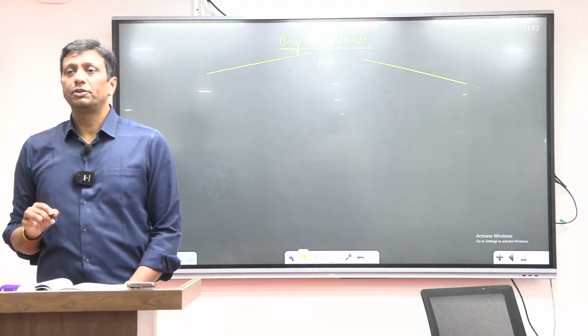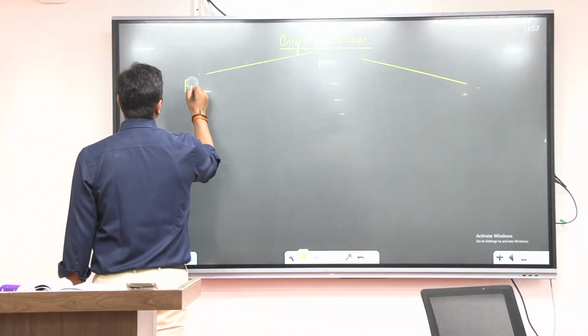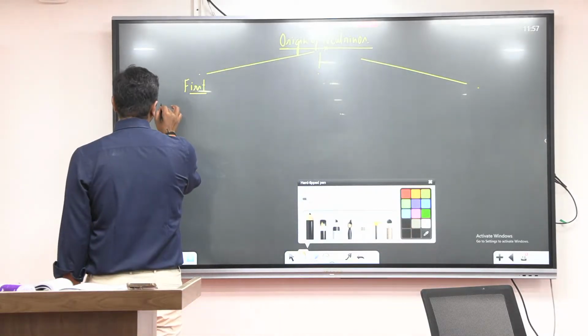What about the origin of neutrinos? Actually, scientists believe the first origin of neutrinos happened just after the Big Bang.